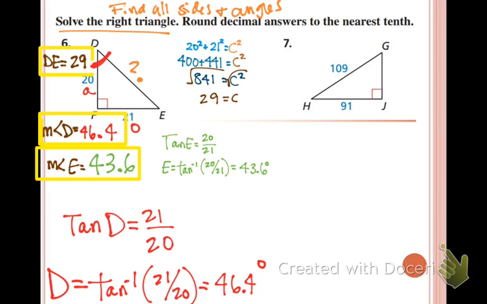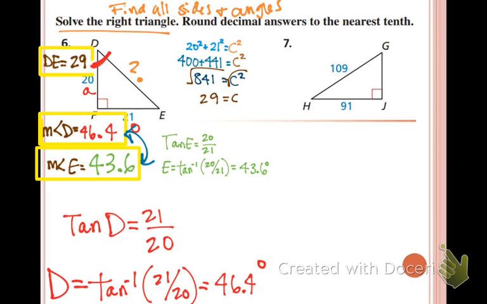So what is a way we could check our angles are correct? Plug them in. Like add them up. What should they add up to? 180. So you should add 43.6 and 46.4, and they should add up to 90, because 90 plus the 90 that's already in there is 180. So these two should add to 90.